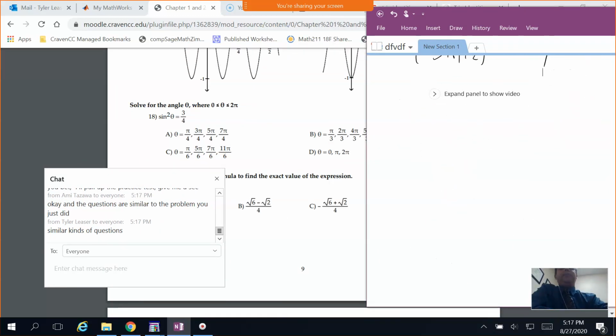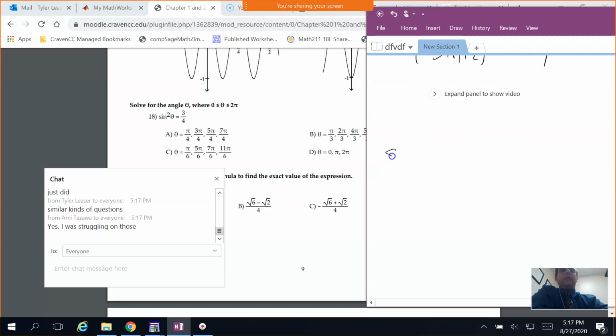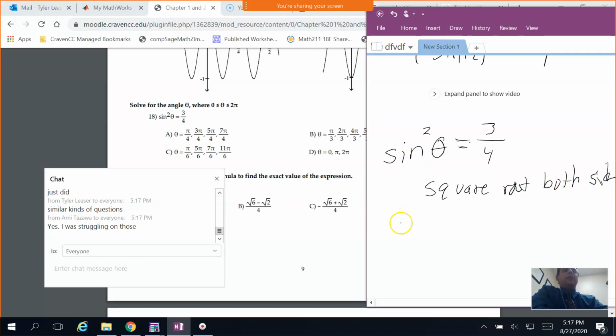So for this first one, sine squared theta is equal to 3/4. First thing that we want to do is square root both sides. The square root of sine squared is just going to be sine.